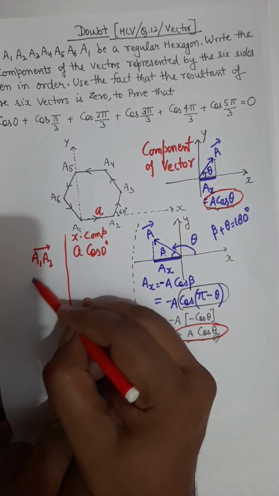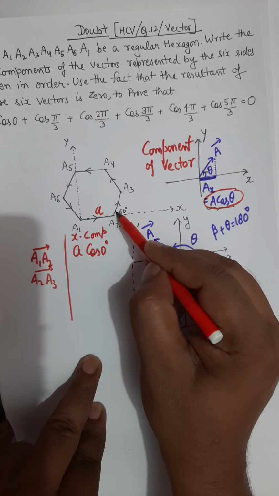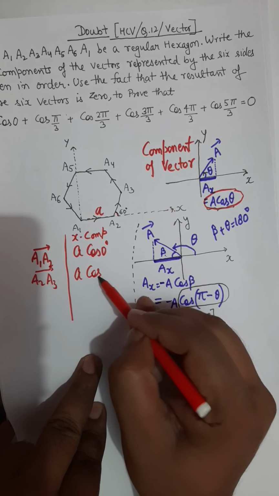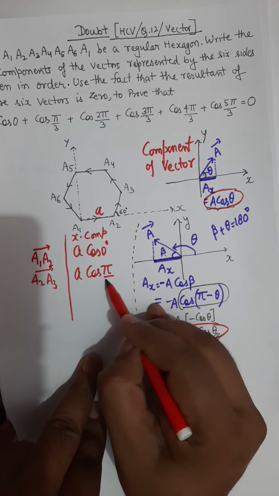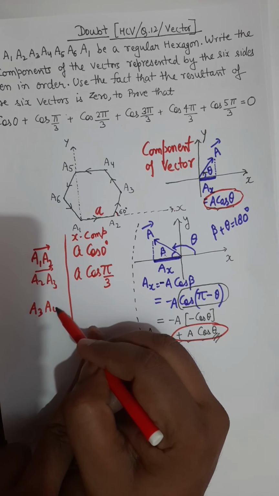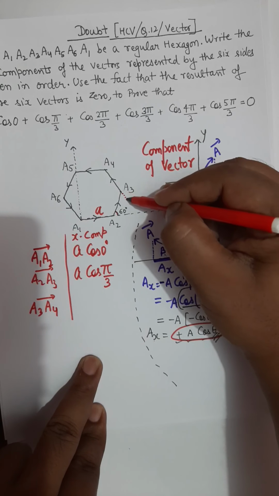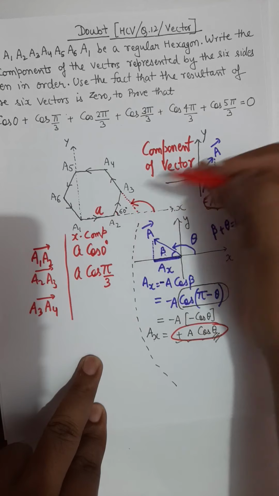Vector A2A3 makes a 60 degree angle with the positive x direction, so its component will be a cos 60 degrees, and 60 degrees in radians is pi over 3. Vector A3A4 now. How much angle does this vector make if you extend this line, from the positive side of the x-axis?